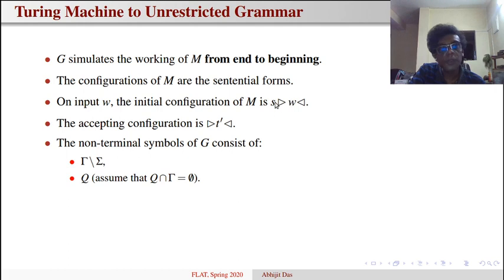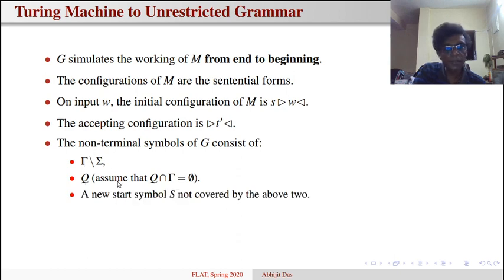This W should be there. Oh, I see. Sorry. The non-terminal symbols. So sigma is the set of terminal symbols. The non-terminal symbols are this minus this, and Q. And we assume that Q intersection gamma is empty. Fine. This is fine. The non-terminal symbols are this and Q plus another start symbol S, which is not present in this or this.